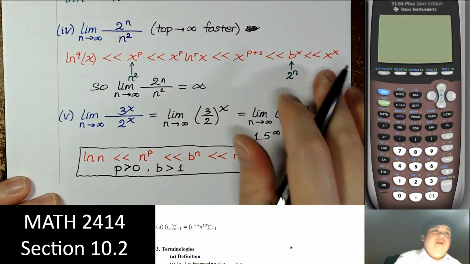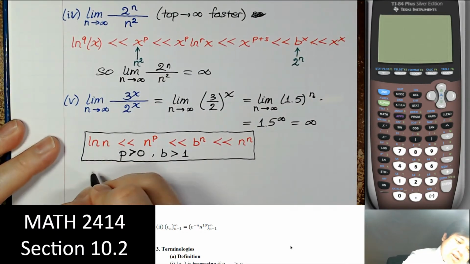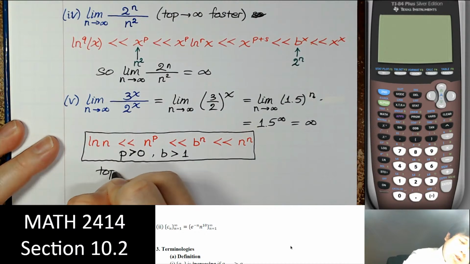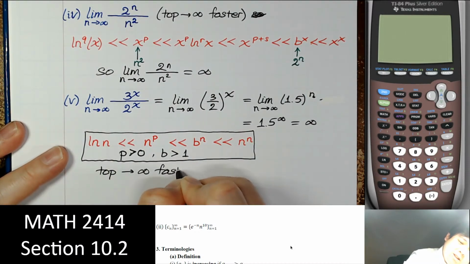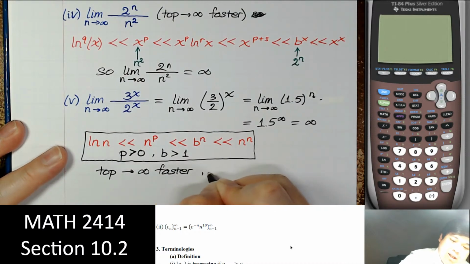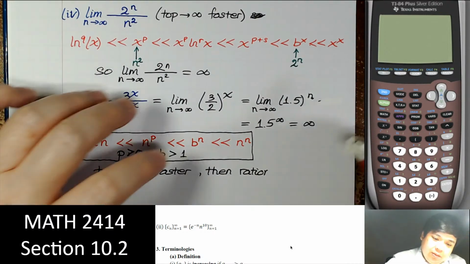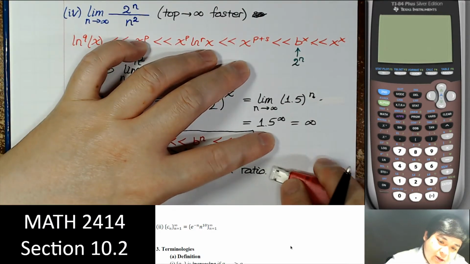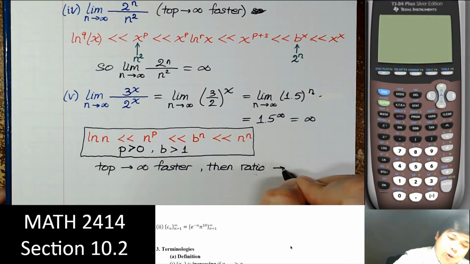Of course, the general version is that. Again, if the top goes to infinity faster, then the ratio will go to infinity.